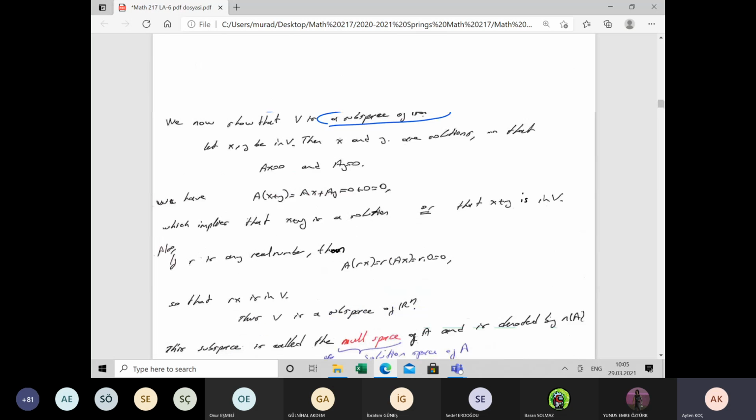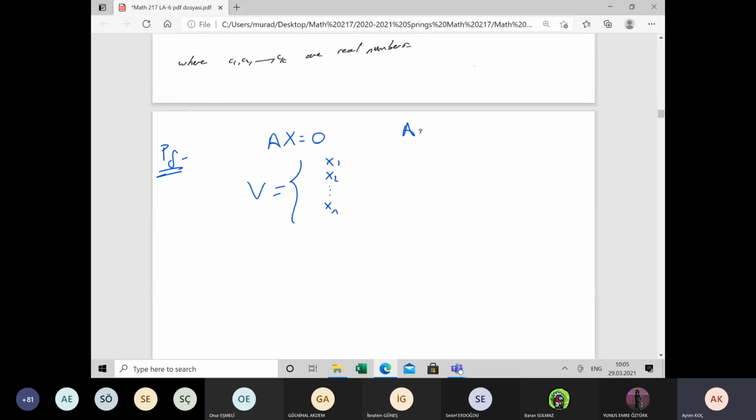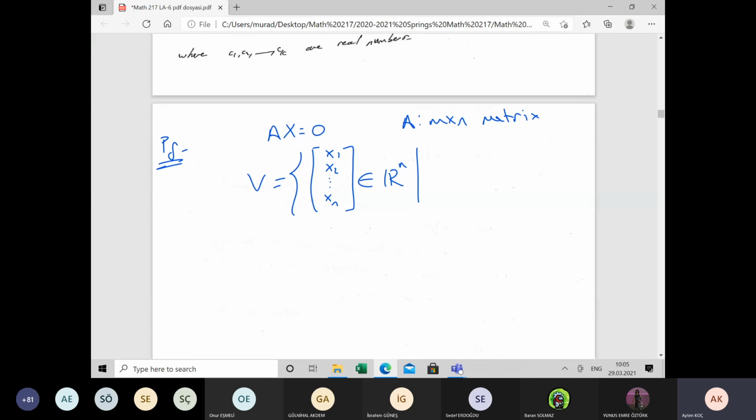Take a vector x in R^n that is not arbitrary, but a solution of the homogeneous system. So this vector is in V, and our aim is to show that V is a subspace.